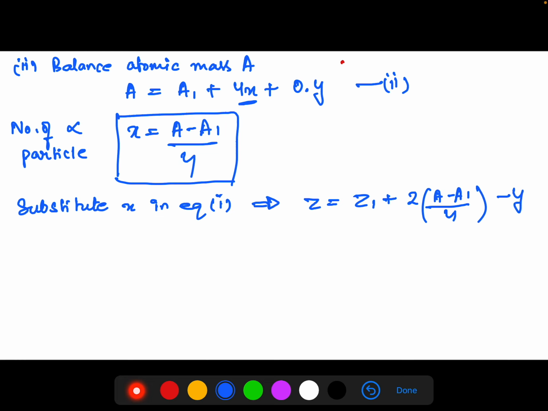Hence, y will be Z minus Z1 plus (A minus A1) by 2. This is the number of beta particles.